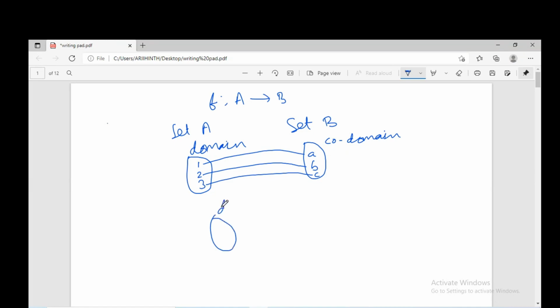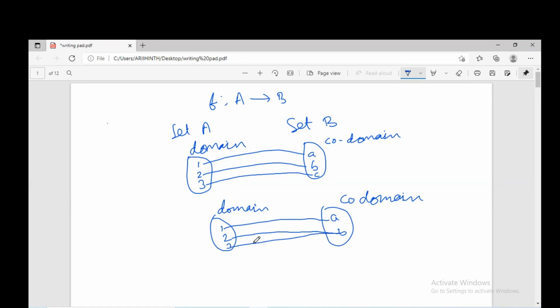This is the domain, and this one is the codomain. In another example, the domain has 1, 2, 3 and the codomain has a and b. I connect 1 with a, 2 with b, and 3 is connected to b. So this is also a function.